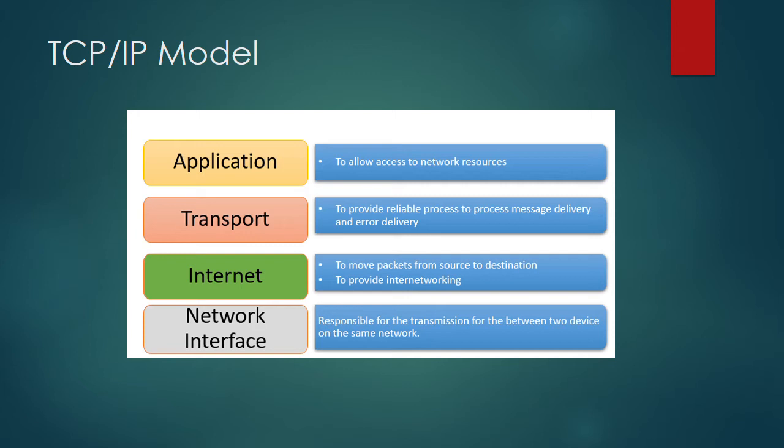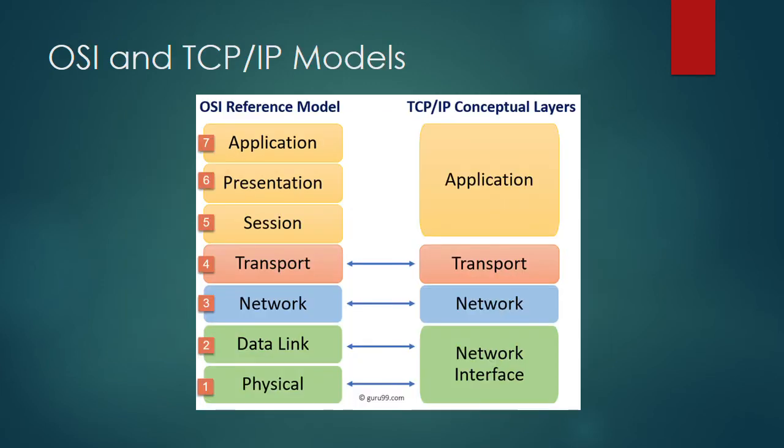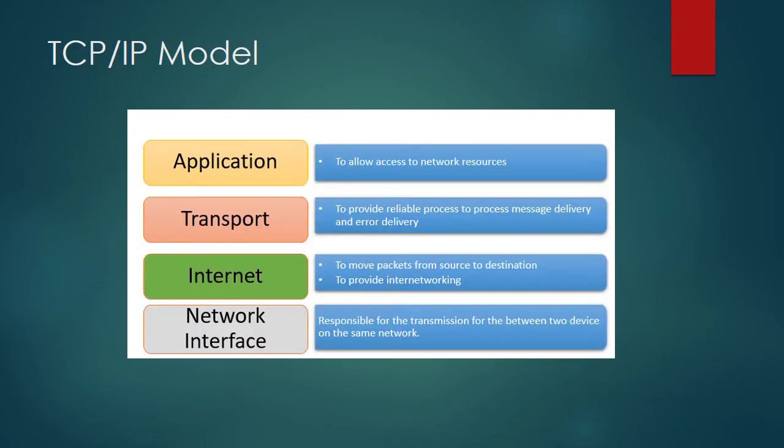The main functionalities of the application layer are allowing users to log on to remote hosts, email and file transfer services, and helping to identify communication partners, determining resource availability and synchronizing communication.